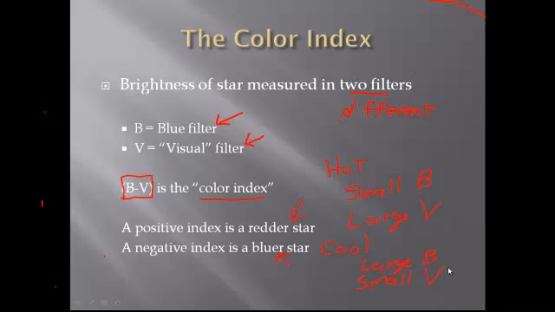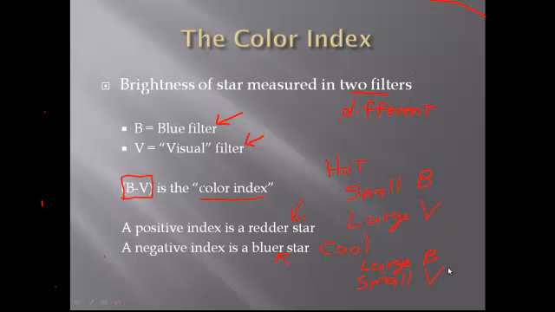Again, it can be confusing. We'll go through some more examples of this in class. But what we're actually going to get is that the larger the color index, the redder the star is. Now, we've determined one axis.